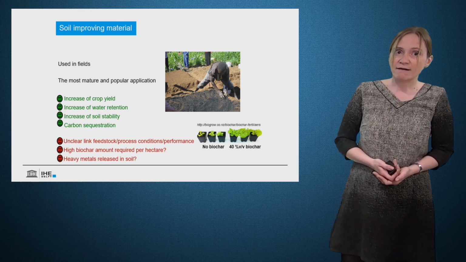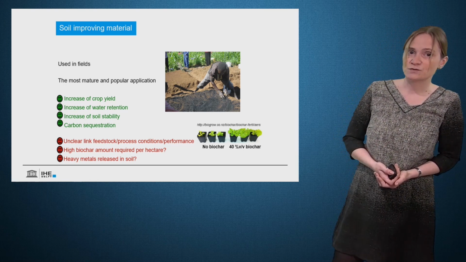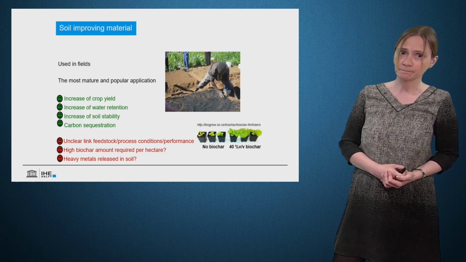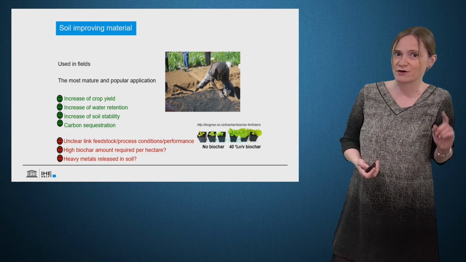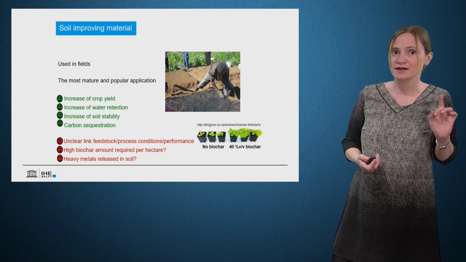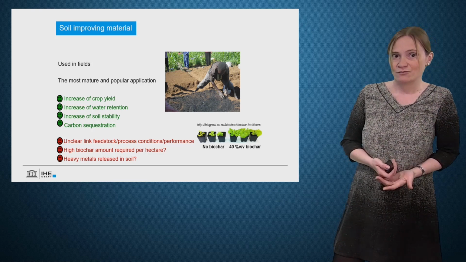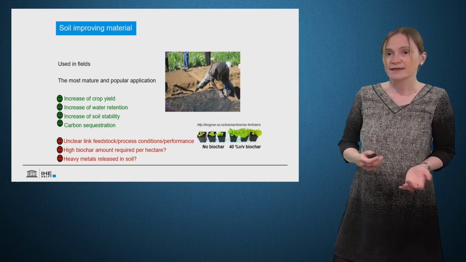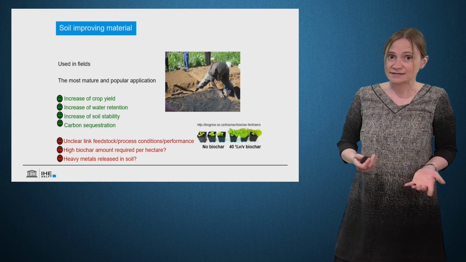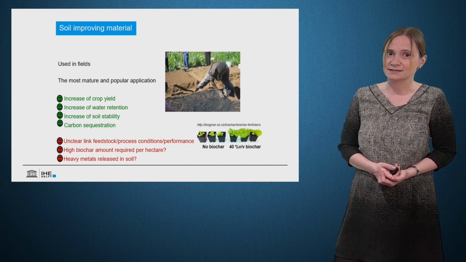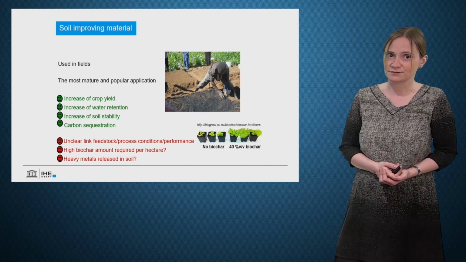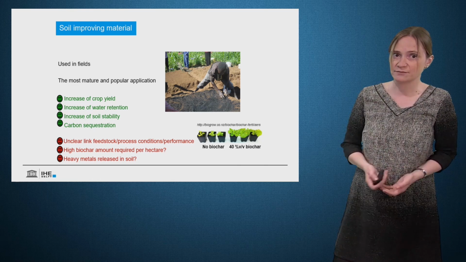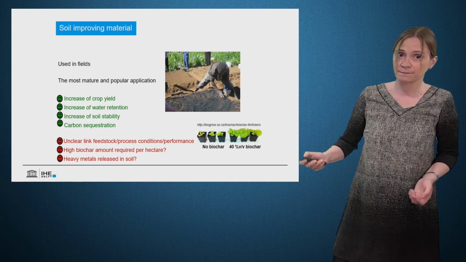Other limitations are linked with the biochar amount needed to achieve the performances. As you can see on the illustration, results look good, but require 40% of volume filled in with biochar, which can become problematic at full scale, both in terms of supply and cost. Lastly, the risk of heavy metal release in soil must also be considered when the material used for biochar production contains such elements in significant amount.